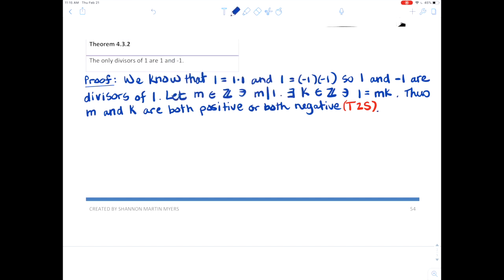All right. So we've got some cases here, right? So if m and k are both positive, m has to be less than or equal to 1.